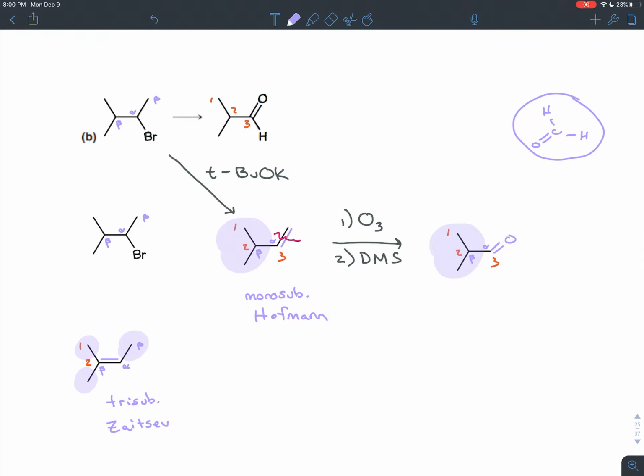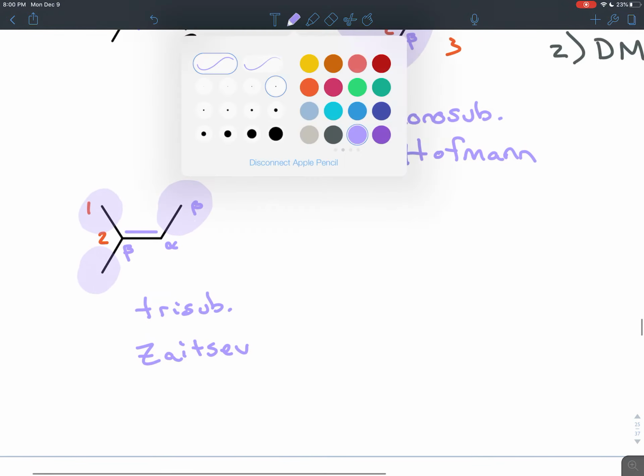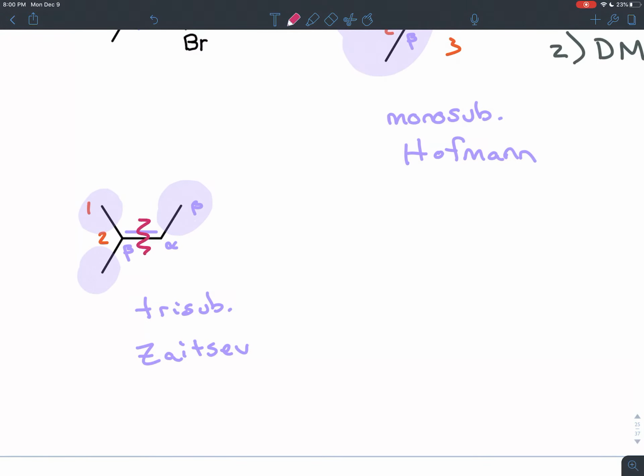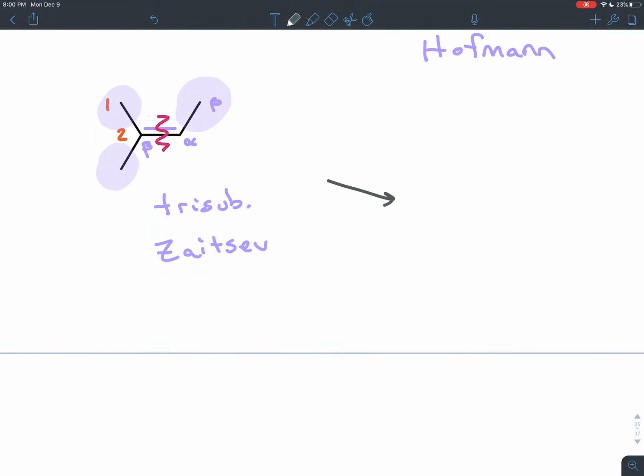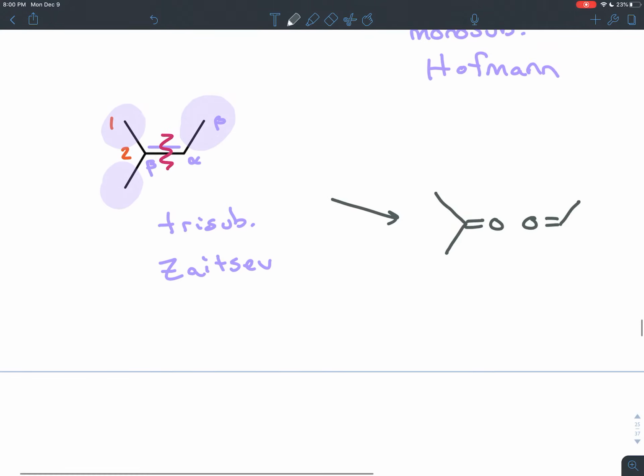You'll notice that this has a hydrogen here. It's just implied in the structure that we had a second ago. Notice that if we had the Zaitsev product and we try to do an ozonolysis with that, that would crack this bond, and we would end up with 2 products. We'd have the product on the left, and we'd have product on the right.